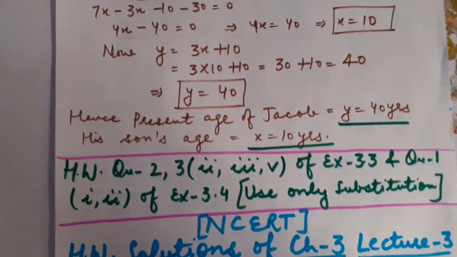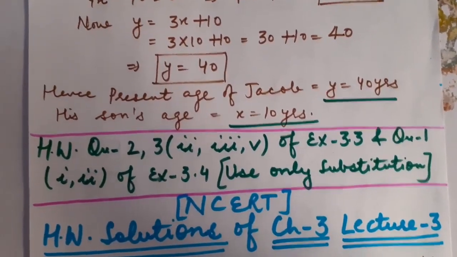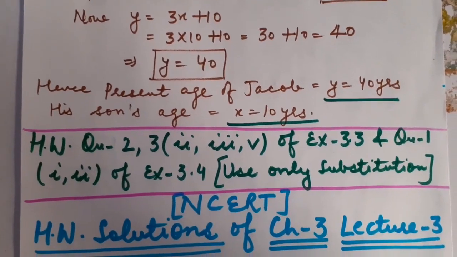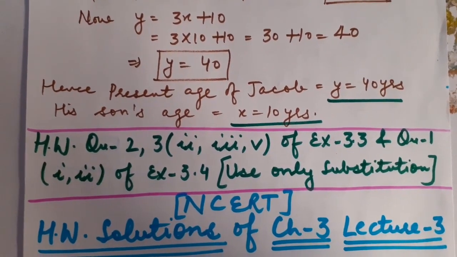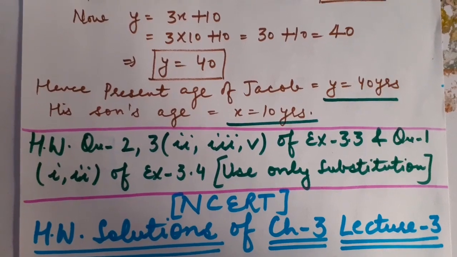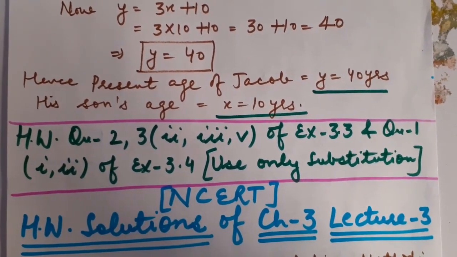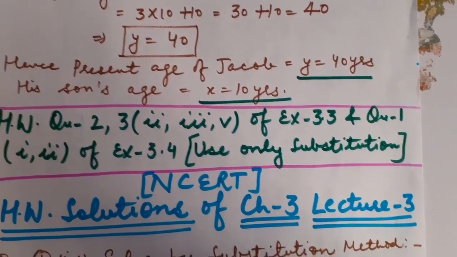Understood, children? Now you please note down your mathematics homework. Write down. You have to do question number 2, question number 3, second part, third part and fifth part of exercise 3.3.